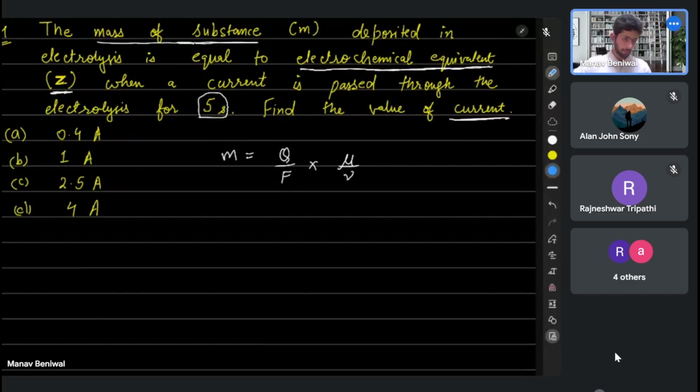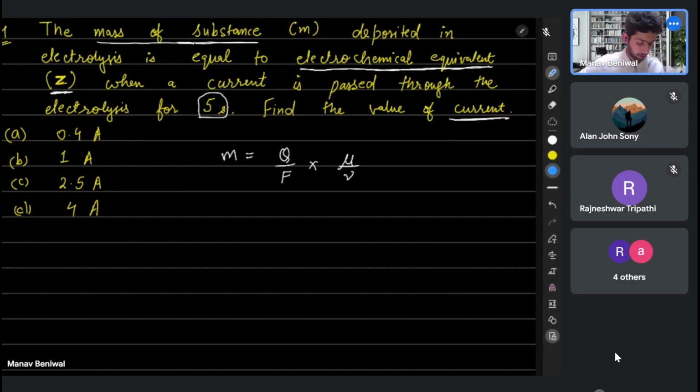Okay. So you guys carry on with solving, and I'll solve with you guys parallelly. Okay. So let's see. So the mass of substance M deposited in electrolysis is equal to your electrochemical equivalent Z when a current is passed through electrolysis.